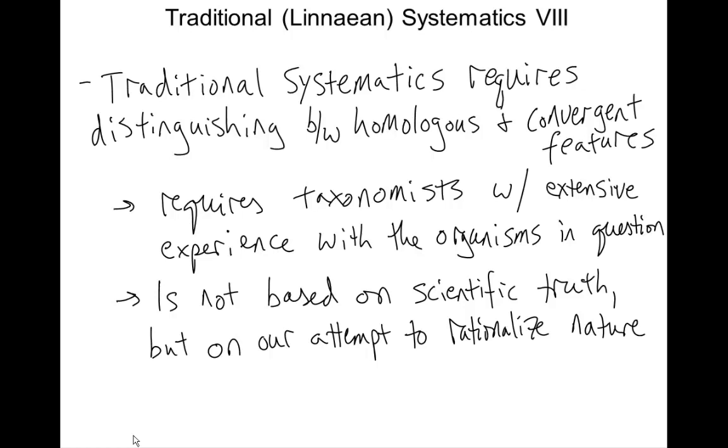And what this requires to make that distinction is taxonomists with extensive skill and experience with the organisms in question, so that they can make those calls of homologous versus convergent features. And the other issue with this is that it's not necessarily based on scientific truth, but rather is really an attempt to rationalize nature and organize nature in groups that may not necessarily be consistent with their evolutionary origin.